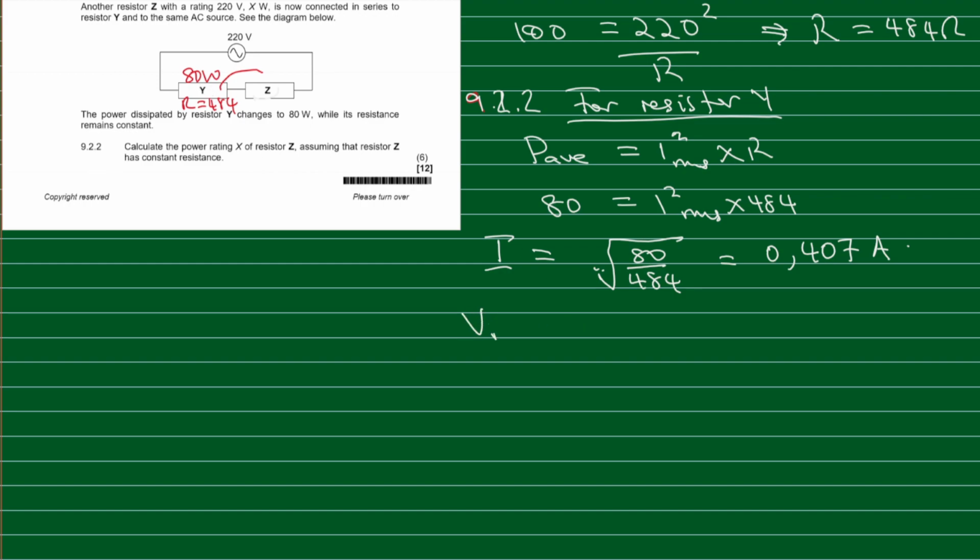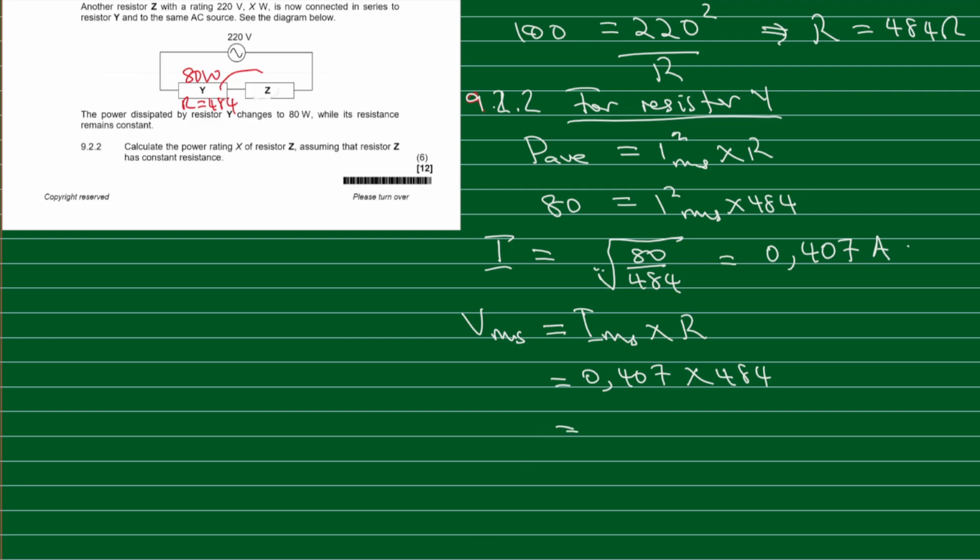So the V RMS at Y, what is the potential difference here? The potential difference is I RMS times R. The current that is coming in here, which we have calculated, times the resistance for that one, which is 0.407 multiplied by 484.